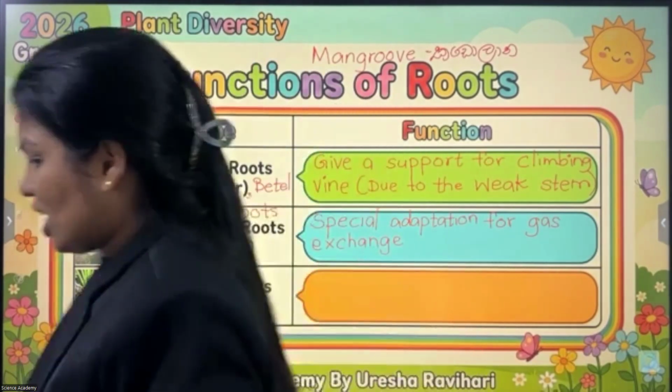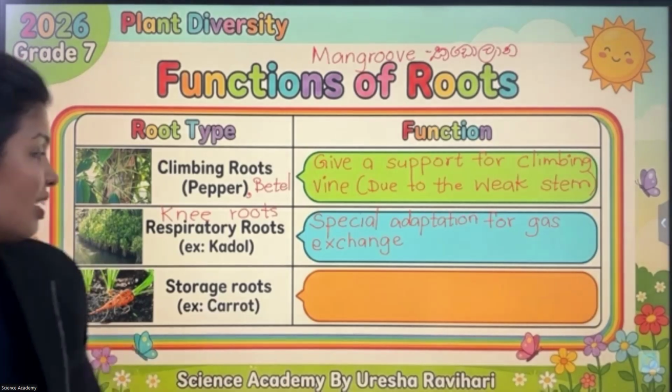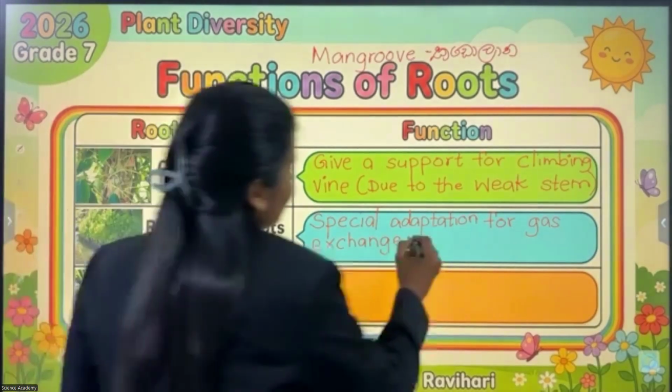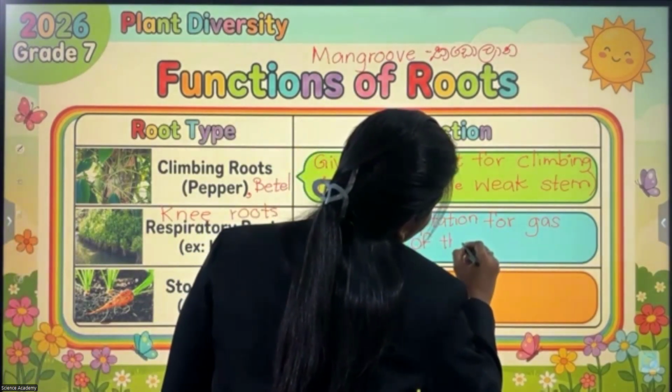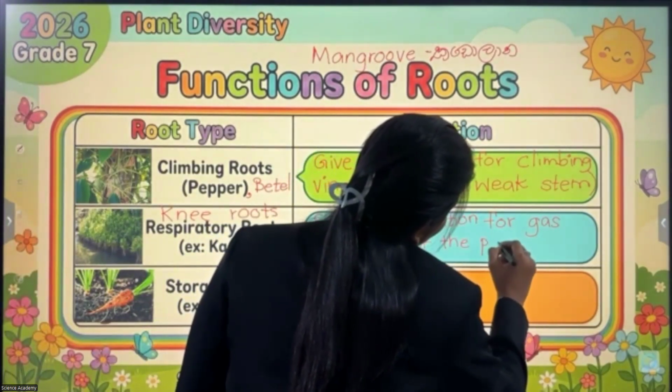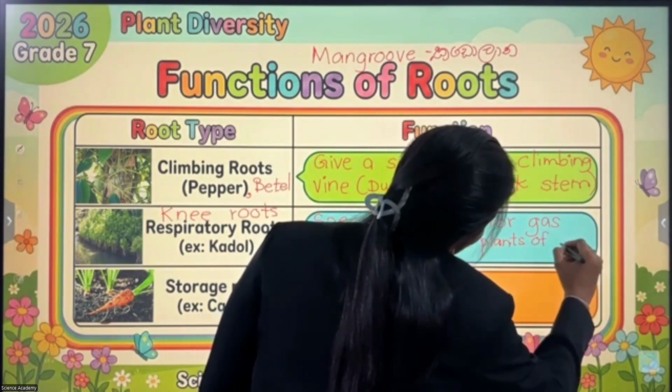Gas exchange. Okay, we can write down of the plants of mangrove ecosystem.